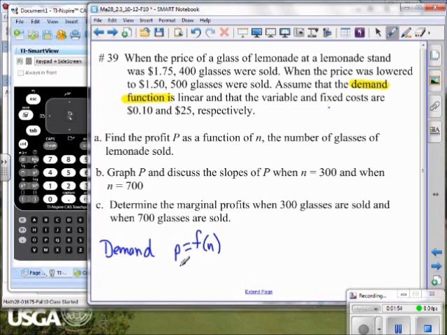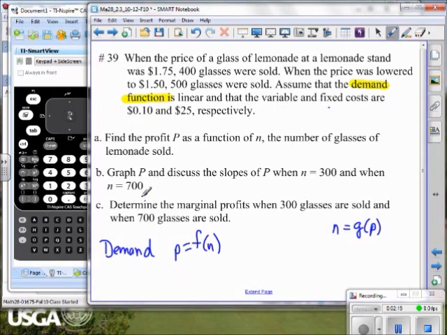Now there's another demand function that would say N equals, I'll have to make it g of p, which means that if you know the price, then you know how many units you can sell. They're both valid. I mean, both of those come into play. Am I right in business?